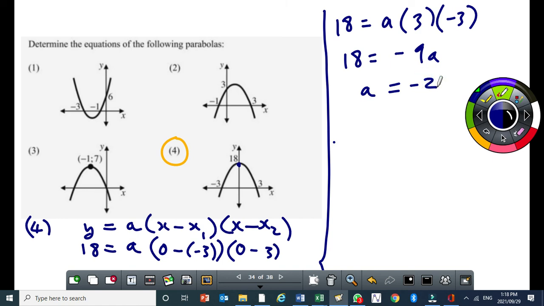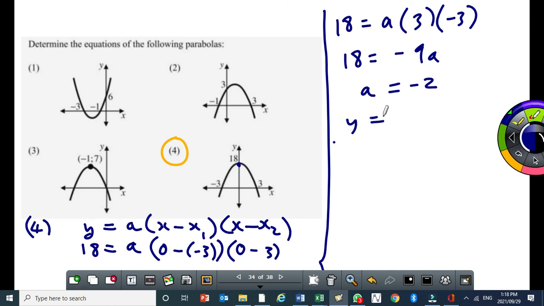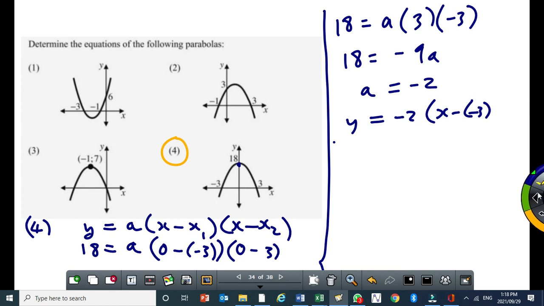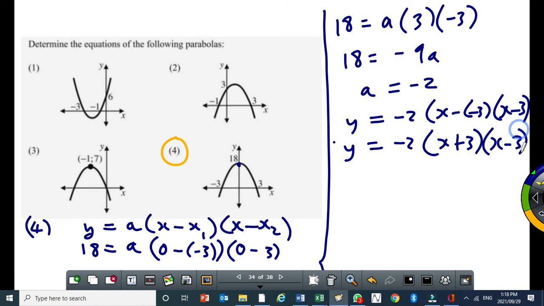Right? Then the next thing, substitute that a, so that I'll get y equal to minus 2 times x minus 3 times x plus 3. Then we use FOIL. If I use FOIL, you get y equal to minus 2 times, this is like a difference of two squares, so I'll get x squared minus 9.